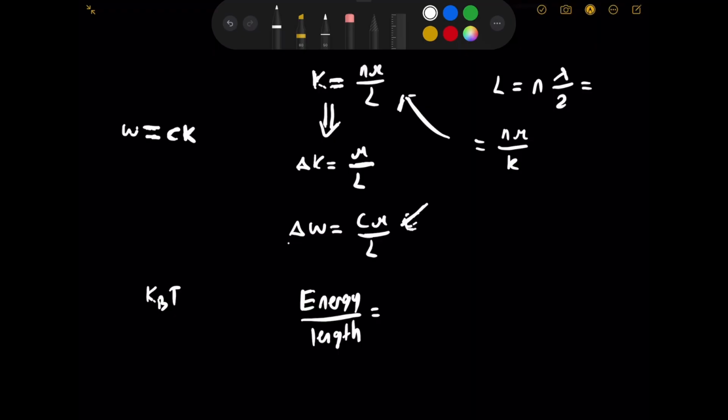Okay, so what is the energy? We just discussed that. That's kBT. And the length is L. And of course, if you just look at this formula then, we can substitute for L. And what we substitute is that we're going to have kBT delta omega over c pi. Okay?